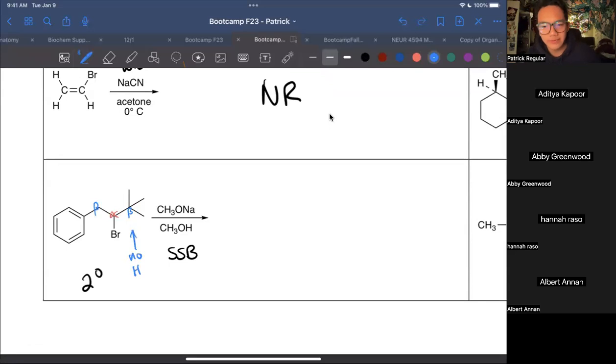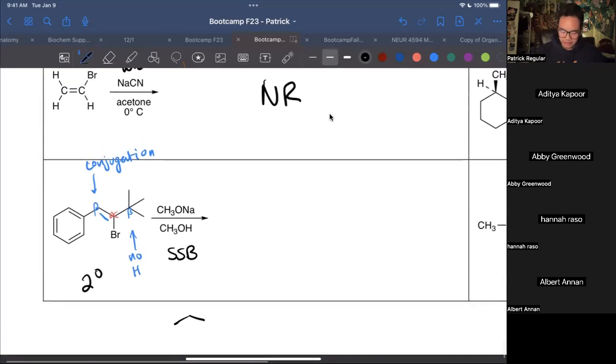There are no hydrogens to give up. It can't even go that way. Additionally, for this one, even though it has hydrogens to give up, conjugation. If that double bond were to form here, it would be right next to every single double bond in the benzene ring. Conjugation trumps Zaitsev. So what do I mean by that? Even if you did have a beta hydrogen over there, right?